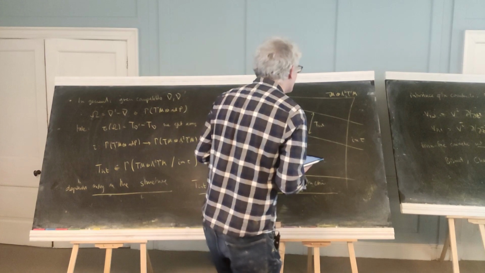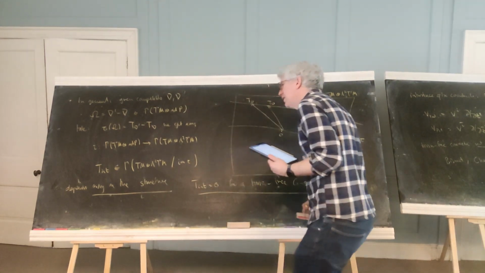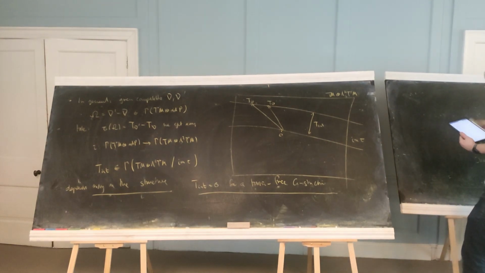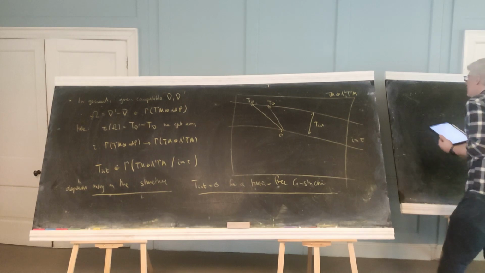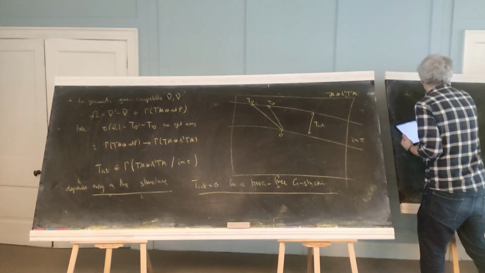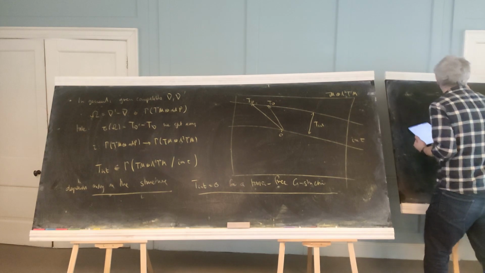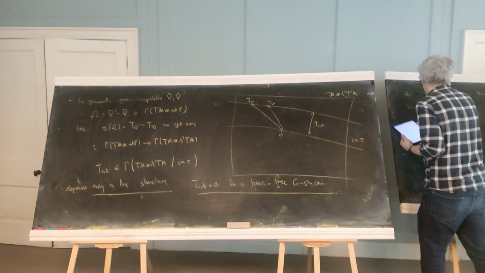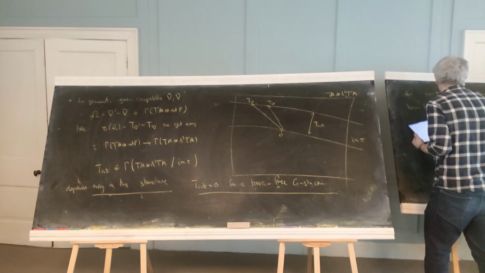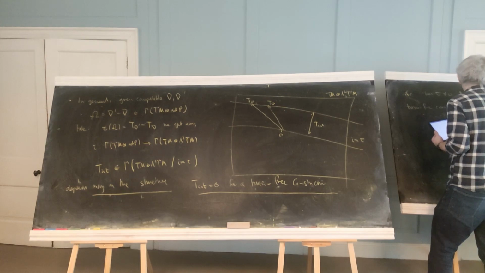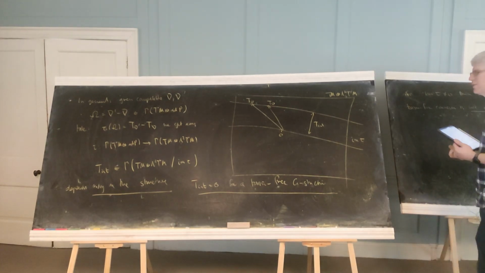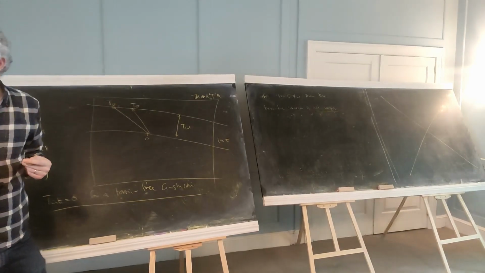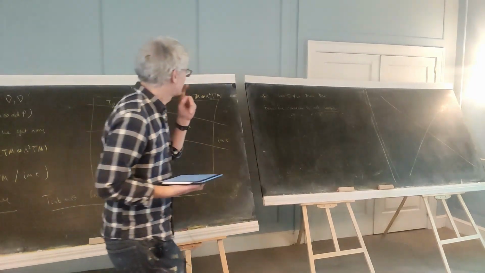And if the kernel of tau is non-zero, then the torsion-free connection is not unique. Right? Because there'd be two different connections which had the same torsion. Okay.